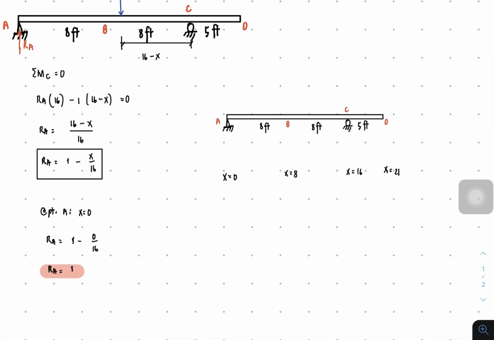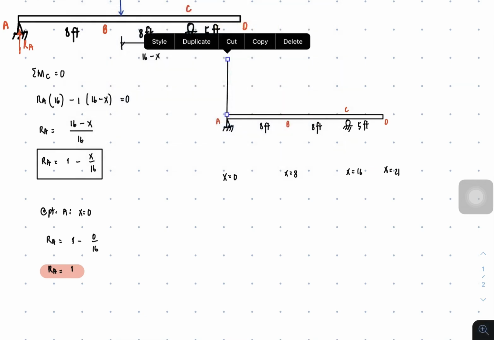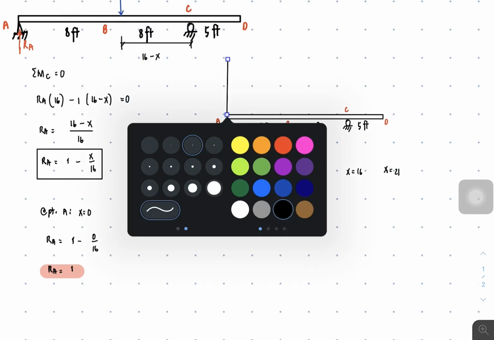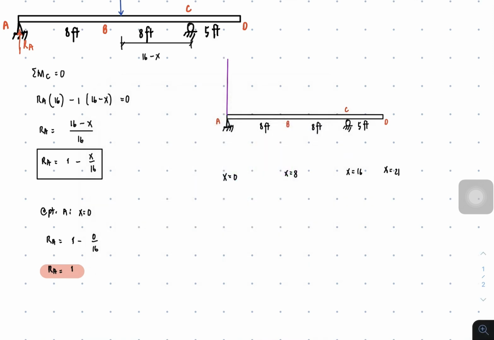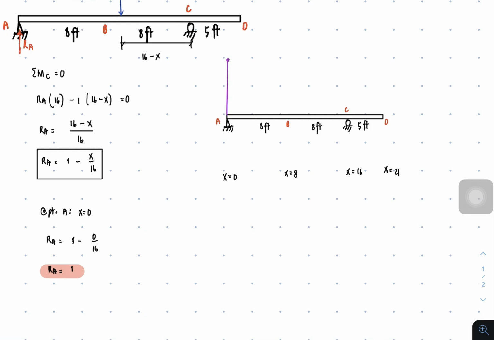So let's say the 1 is here. Let's just make it visible or obvious. So say this one. Okay, so this is 1 unit here. Let's say that's 1 unit.